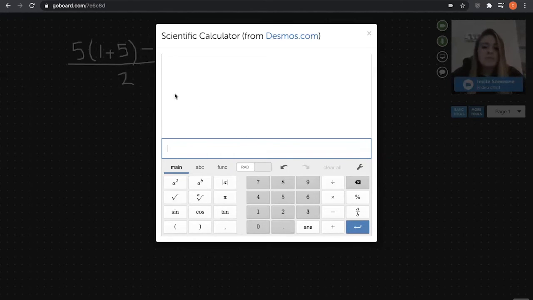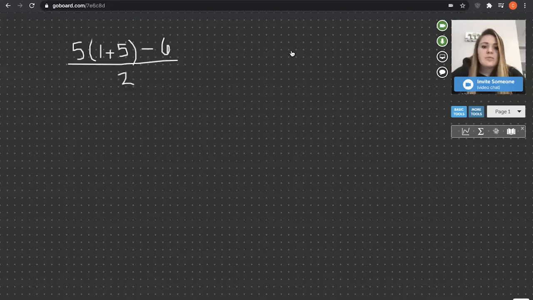Some other problems that some students come across is determining how to put certain expressions in their calculator. Parentheses are a big issue.